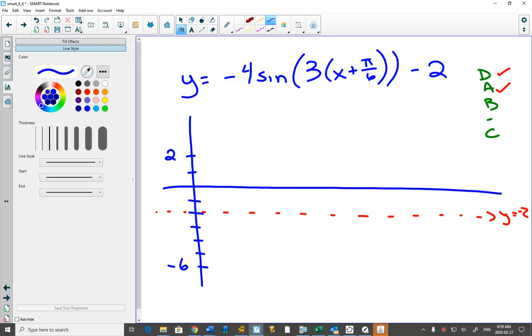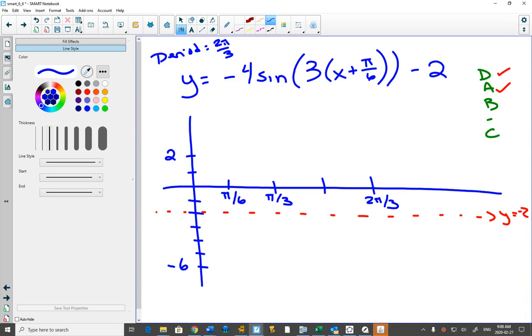Next, our B value. Calculate your period, which is 2 pi divided by your B value, just 2 pi over 3. Mark that somewhere. There we go. That looks like a good spot. And divide it into 4 equal sections. What's half of 2 pi over 3? 1 pi over 3. What's half of pi over 3?